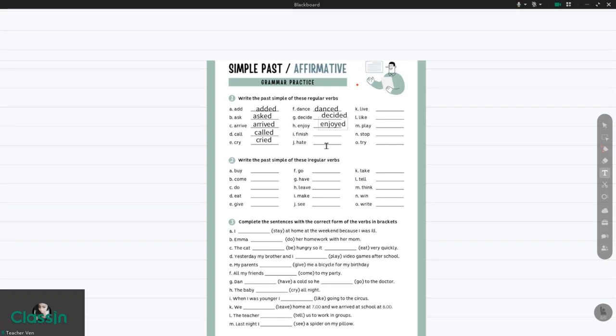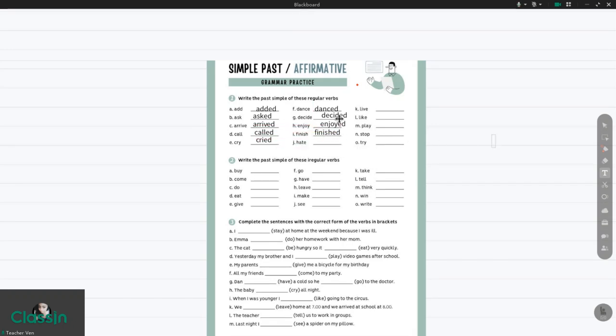And enjoyed. All right. For letter I, it's finish. Simple past tense of finish. Finished. We are to add ed, right? Okay, let's move it a little bit.